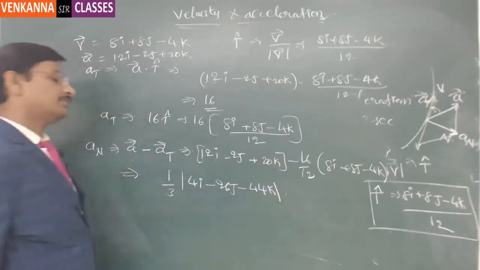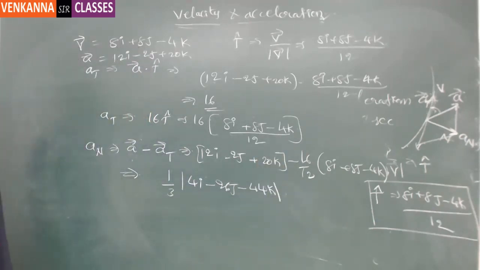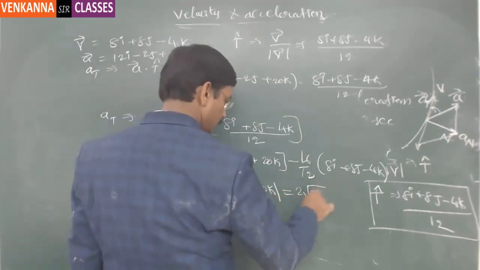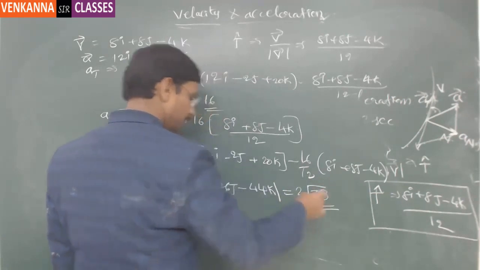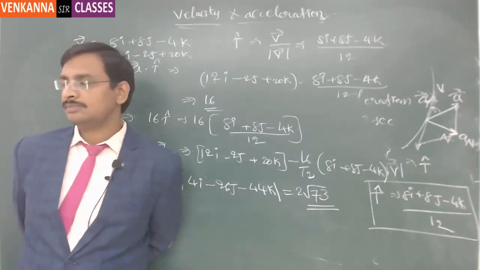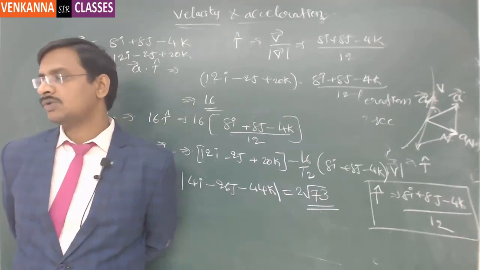So this is the normal component of the acceleration. So the modulus of this is 2 times square root of 73, I think. Yeah. Got it? Do you have any questions on this? Any questions on this?